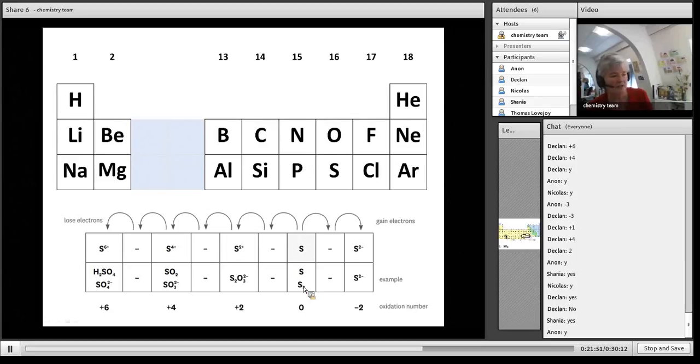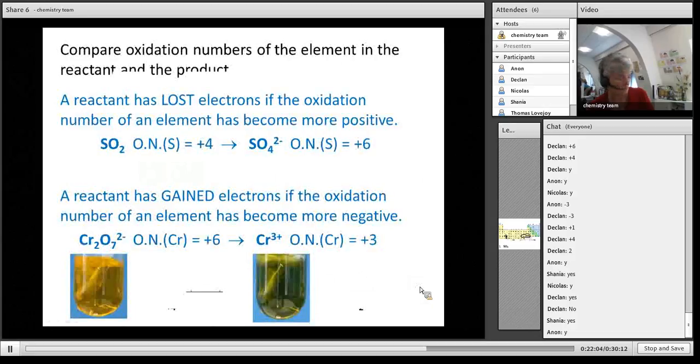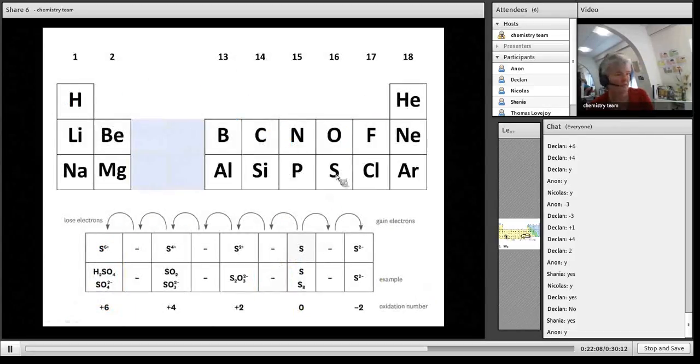So sulfur is either 0, -2, +2, +4, or +6. You don't really get the others, not as far as you're concerned anyway. Phosphorus, you could either gain 3 or lose 5, just like nitrogen.